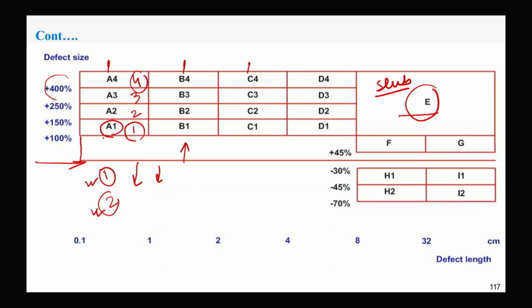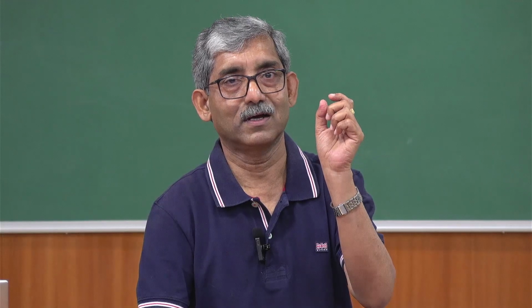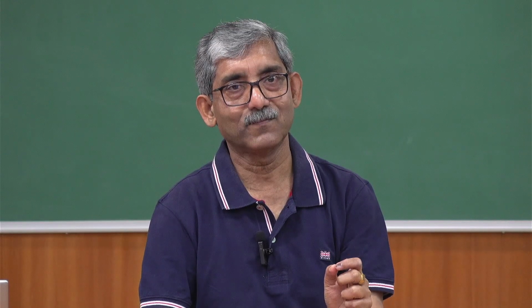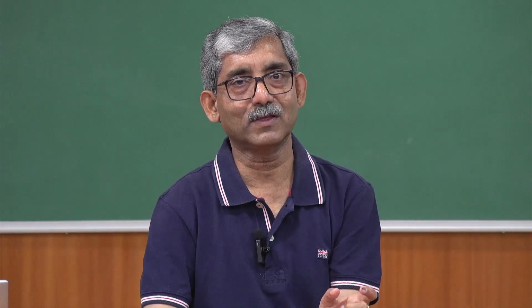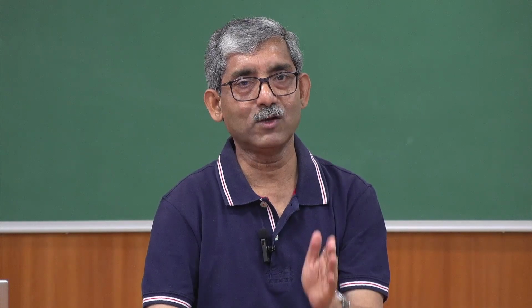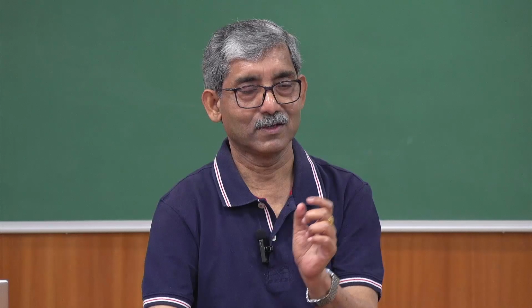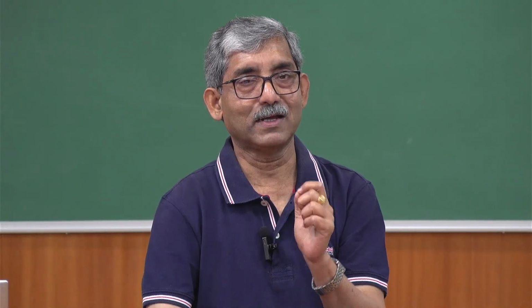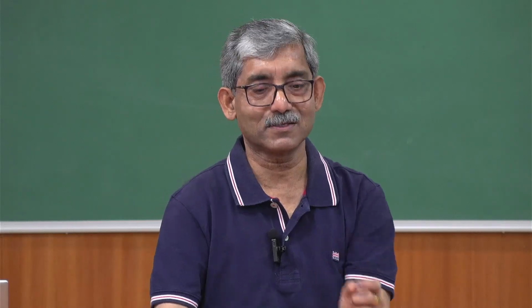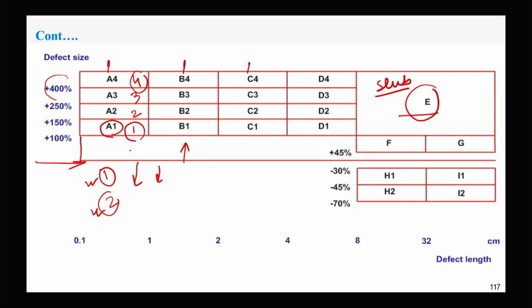So A1 means it's a thick place with a lower extent, and the length of the thick place is smaller, between 0.1 to 1 centimeter. But A4 is, the length of the thick place is smaller, but the extent of thickness is very high.